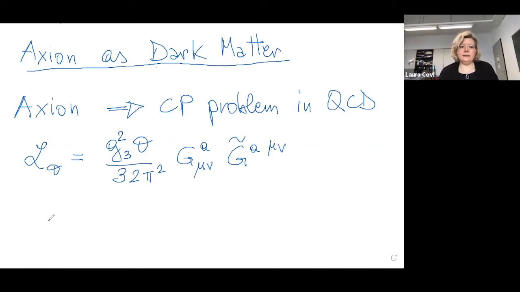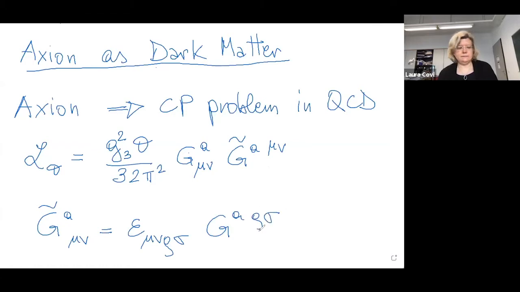Let me use G for the gluon, and I will use F later on for the photon. Here G tilde is nothing else than G multiplied by the completely antisymmetric tensor, so it's epsilon mu nu rho sigma G A rho sigma.